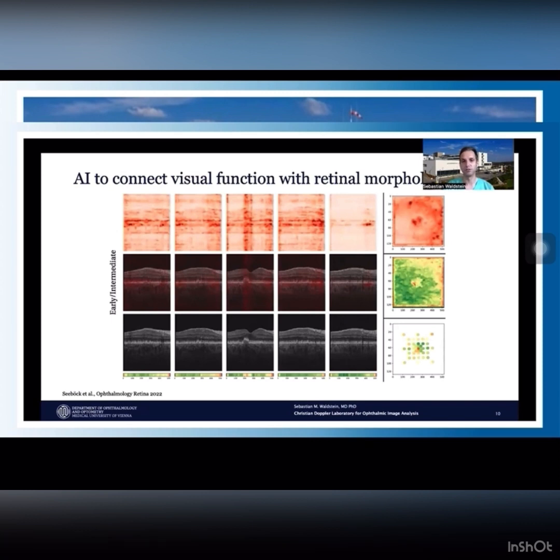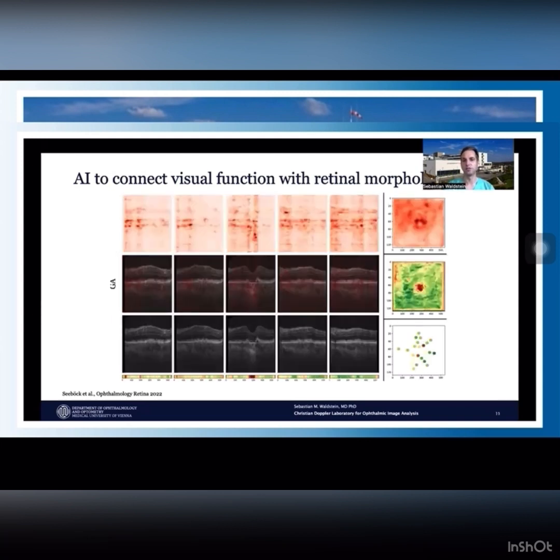So here you see a few example cases of OCTs and the corresponding predicted and ground truth microperimetry map. And you see that they overlap really well. And that, for instance, in this case of geographic atrophy, the central area of atrophy was picked up by the system as an area with low retinal sensitivity, as you might expect, and as you see in the ground truth.